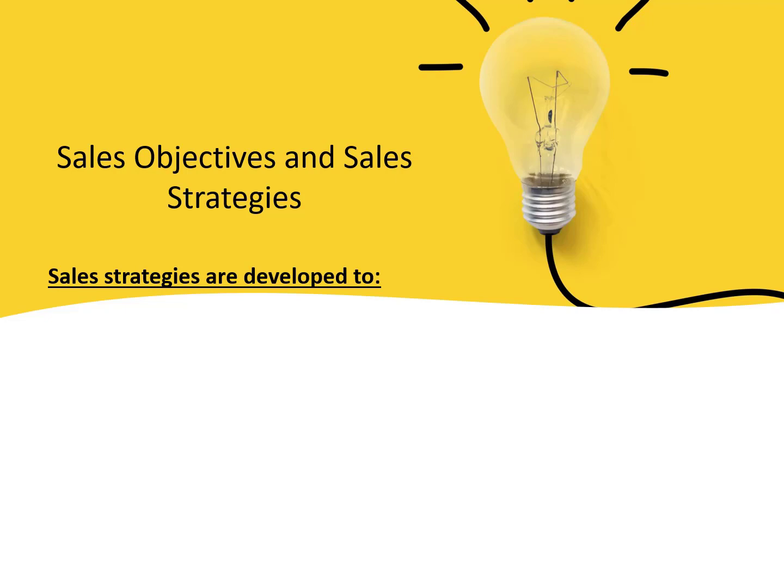Strategies must be developed in line with corporate objectives. Of course, needless to say, everyone should be pulling in the same direction. So the marketing department should be working in a way that enables them to fulfill or help to contribute towards the achievement of the corporate objectives.